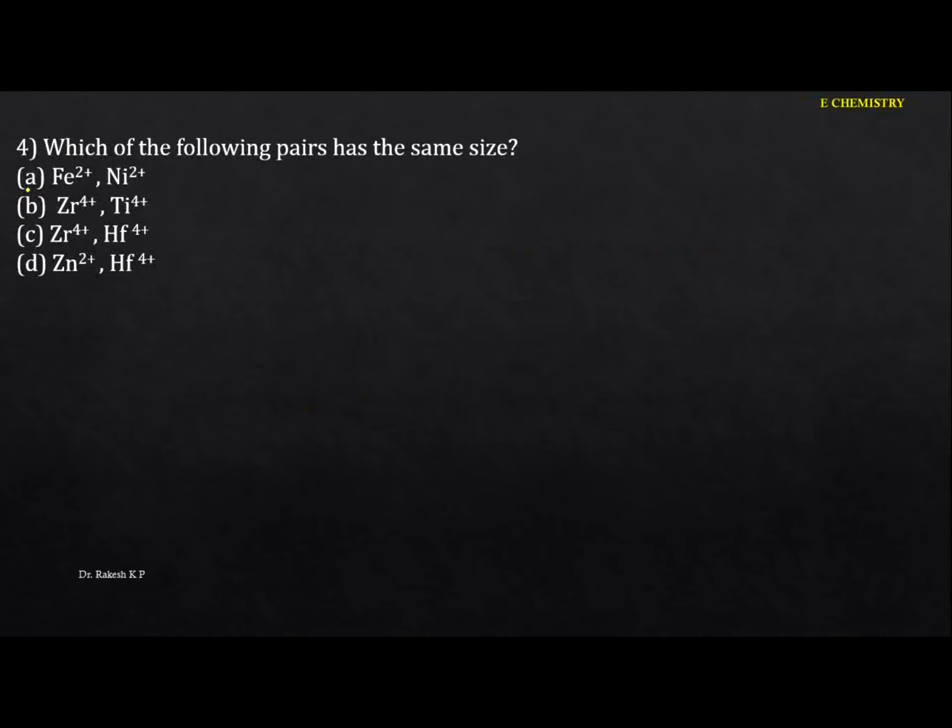Which of the following pairs have the same size? Some belong to the 3d series, 4d series, and also the 5d series, so let me write the elements here. In the 3d series we have scandium, titanium, vanadium, chromium, manganese, iron, cobalt, nickel, copper, zinc.